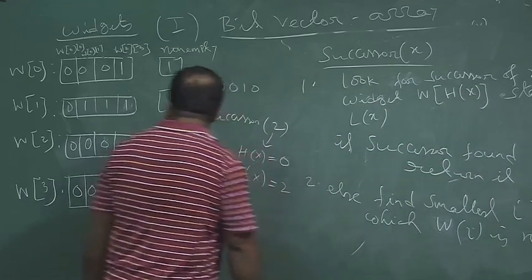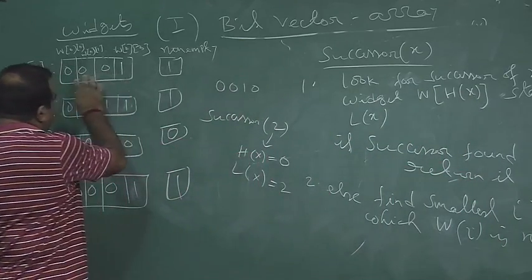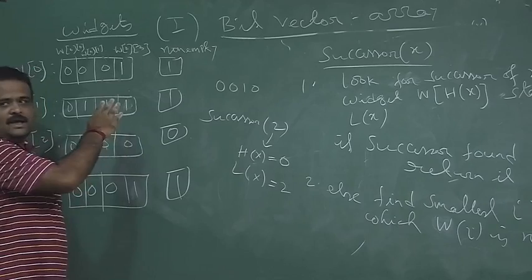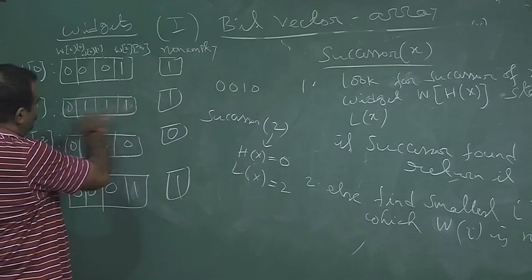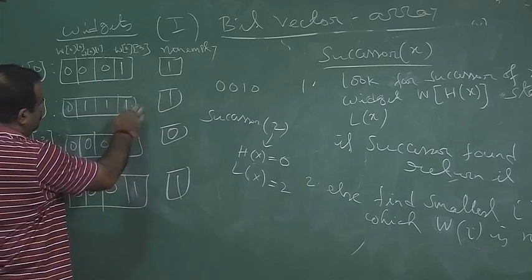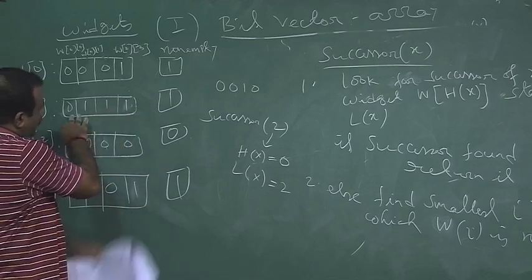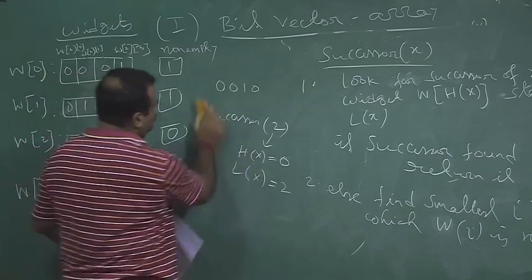That means if we are not finding it here, we will look at the next widget where we have a non-empty one. So, this is non-empty, so we will look here. That is the idea.